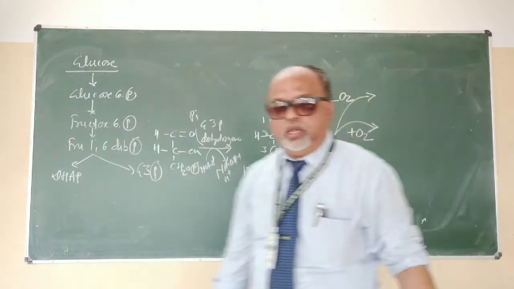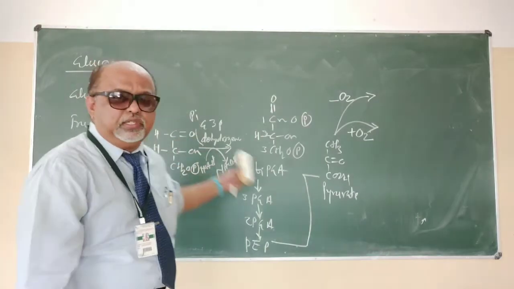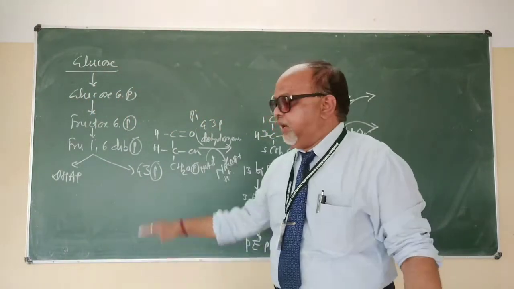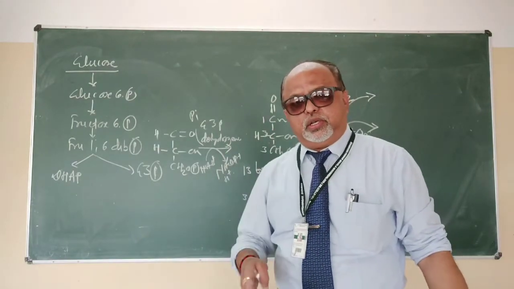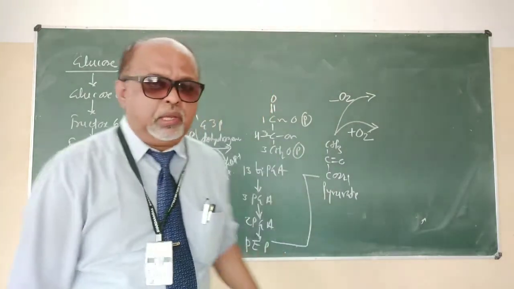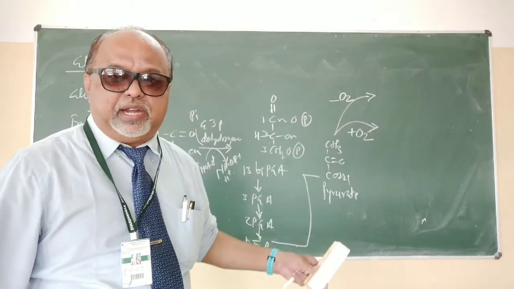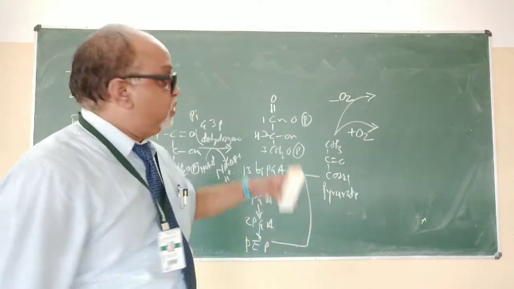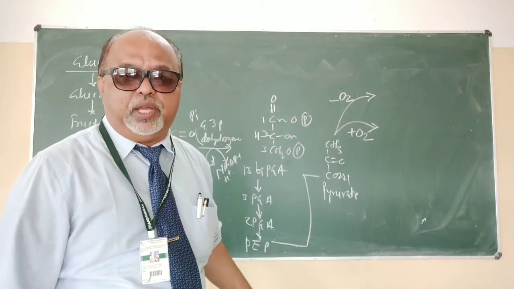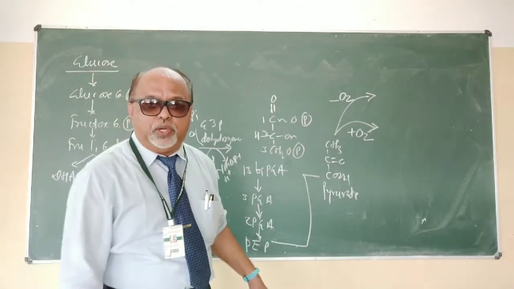Glycolysis operates aerobically as well as anaerobically, but the fate of pyruvic acid depends on oxygen. If oxygen is present, it enters into the respiration pathway, the TCA cycle, which I will explain in my next video.